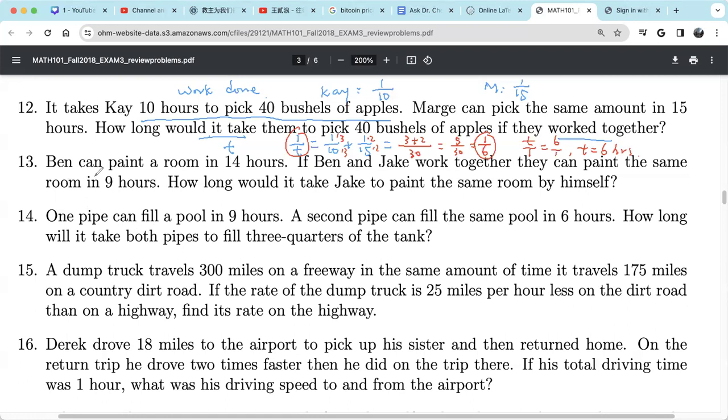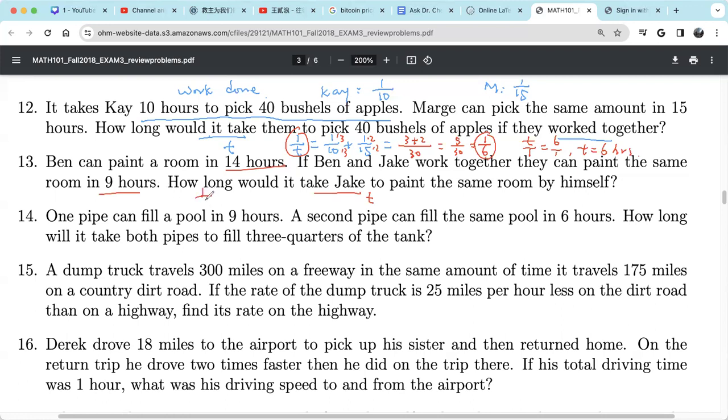Let's see, 13. Ben can paint a room in 14 hours. If Ben and Jack work together, they can paint the same amount of room in 9 hours. So how long will it take Jake to paint the room by himself? Well, let's say Jake takes T time, all right? So when they work together, it only takes them 9 hours.